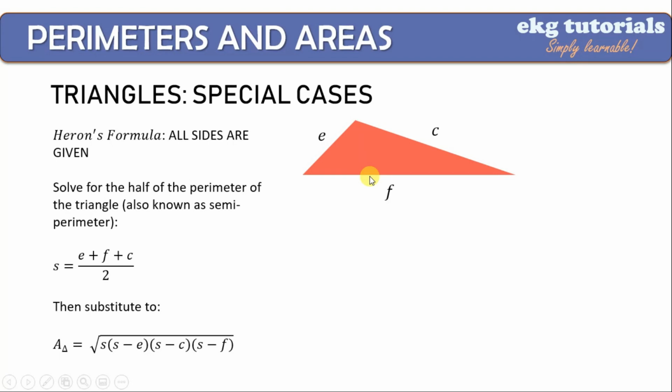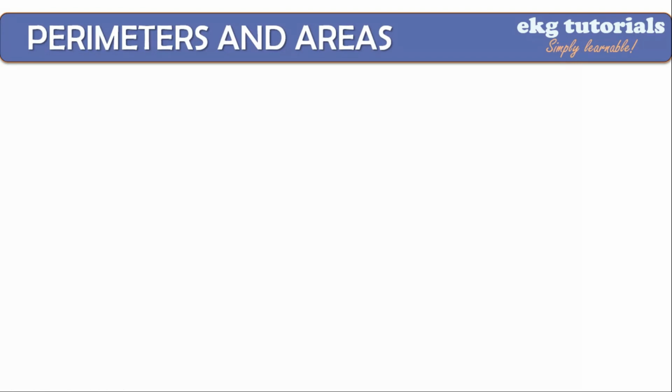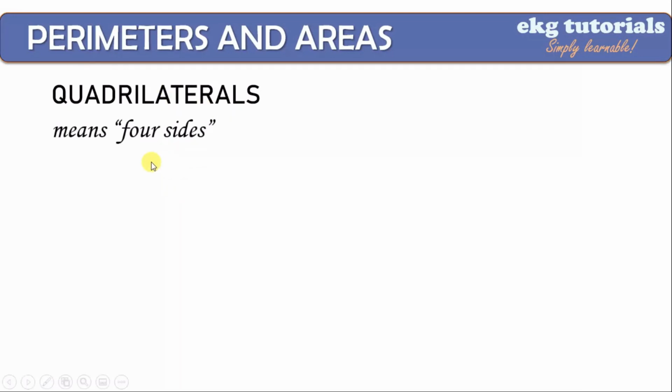Now, that's all for triangles. Let's move on to another shape. Okay? Quadrilateral. So basically, it means four sides. Quad and lateral. Okay? So four sides. Now, if we have this quadrilateral, to solve for the perimeter, madali lang.